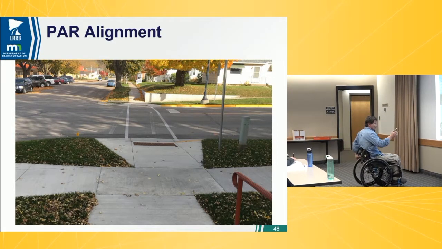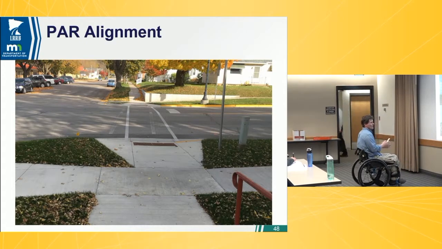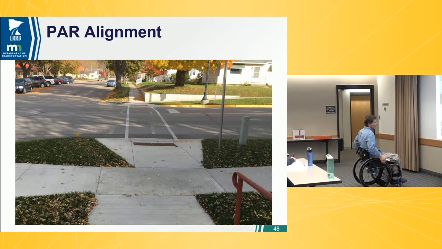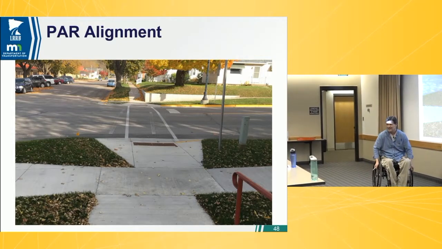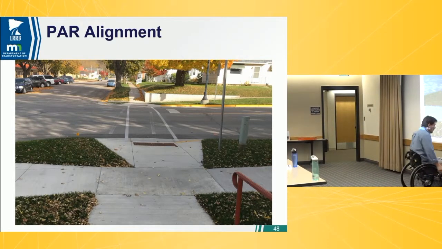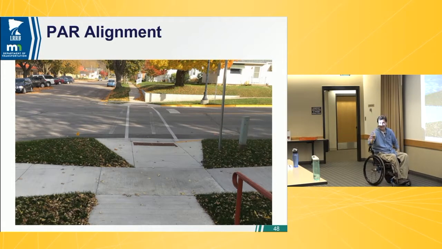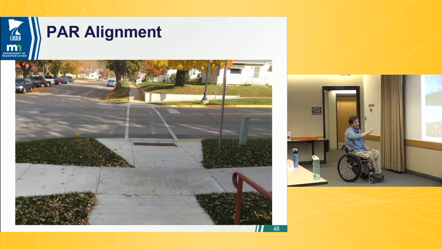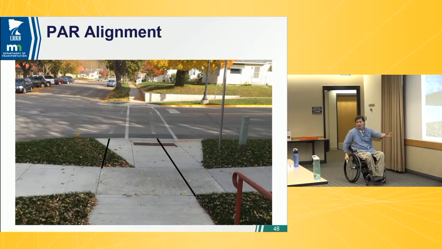If you're able-bodied, you just say, no big deal, I'll sidestep and make it. But in a wheelchair, you actually have to make a conscious stop, turn, go. So it's like, why did I have to do all that? That's a little bit of work, and there are those other reasons we talked about. But if that curb ramp had been over here, none of that would have been an issue.